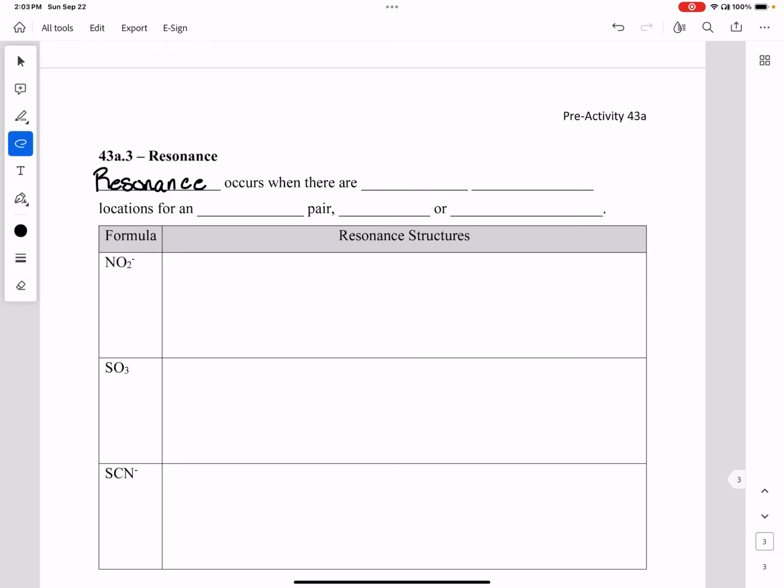Resonance occurs when there are multiple plausible locations. Sometimes there are locations that are not plausible. So it's multiple plausible locations for an electron pair. And this can be a bonding pair or a non-bonding pair.